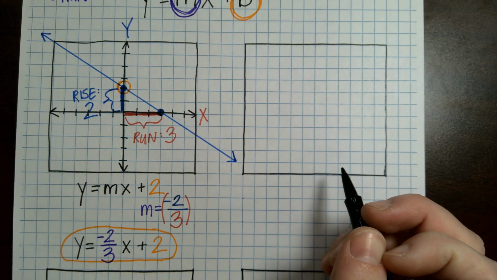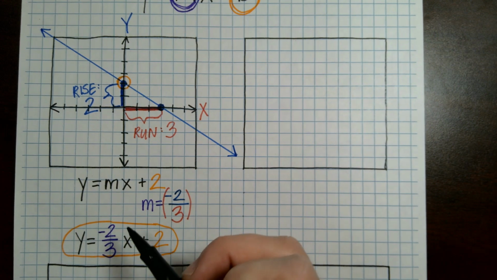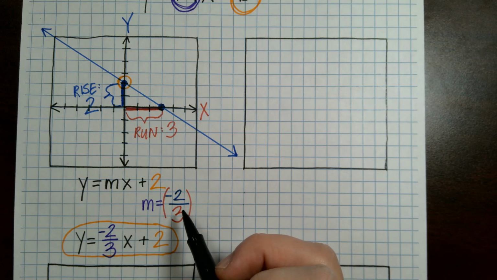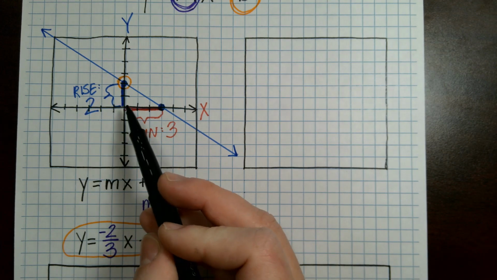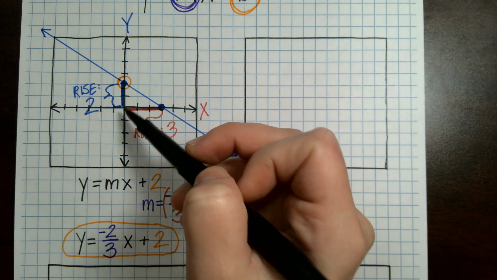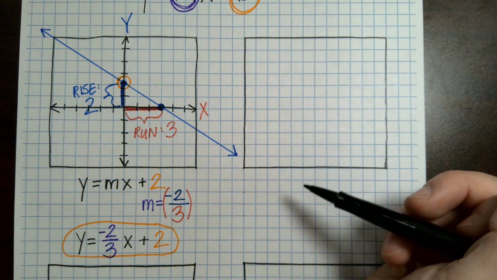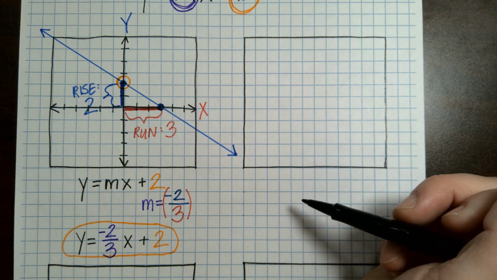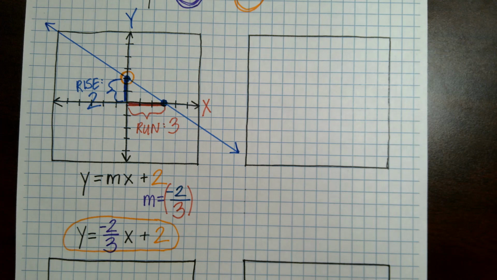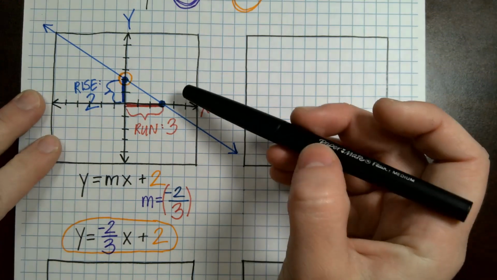I know you said that the rise is negative 2 and the run is positive 3. Even though the negative is over here, it's still... Yes, because we're doing slope. It's coming down, and that's what makes it negative.